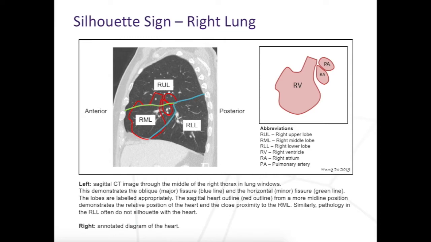The right middle lobe, as you can clearly see there, abuts pretty much the entire heart. So when it collapses, it gets pulled quite close to the entire right heart border. The right lower lobe, because it's very posterior, gets pulled and dragged to the bottom and posteriorly.